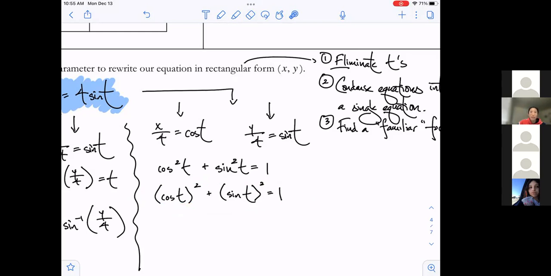How else can I write cosine t? Yeah, x over 4. X over 4 equals cosine t. That means everywhere I write a cosine t, I can put x over 4.